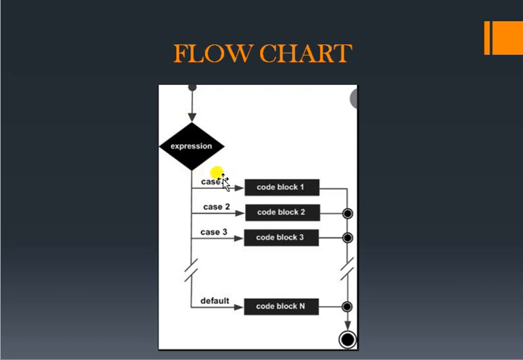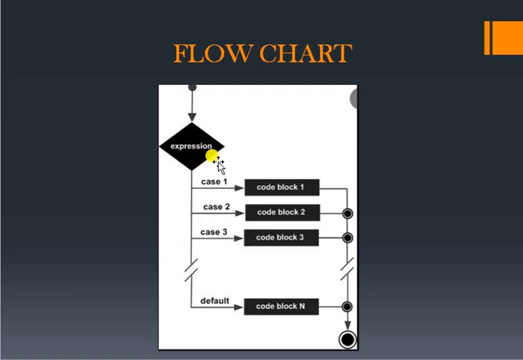It checks whether case 1 is true, that means it compares the expression with case value 1, and if it is true, then code block 1 will be executed, then control goes to the next statement after the switch. Then it checks with case value 2, and if they are equal, code block 2 will be executed, then control goes out of the switch statement. If the expression equals case 3, then code block 3 will be executed, and control goes out of the switch statement.